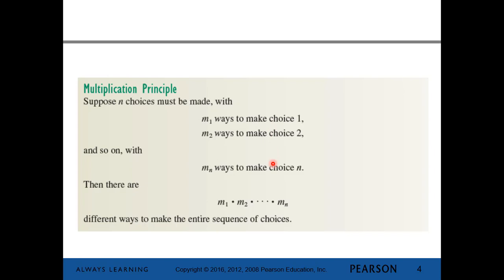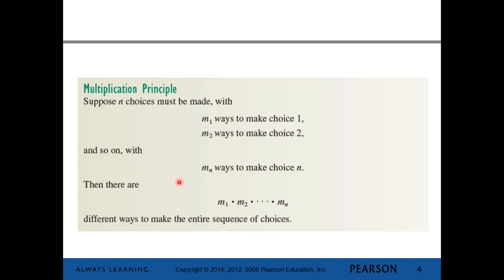What that means is if I want to know how many different ways can I make a sequence of choices, right? So how many different ways can I choose things, one item from each one of these? Okay, so how many different sequences can I have?